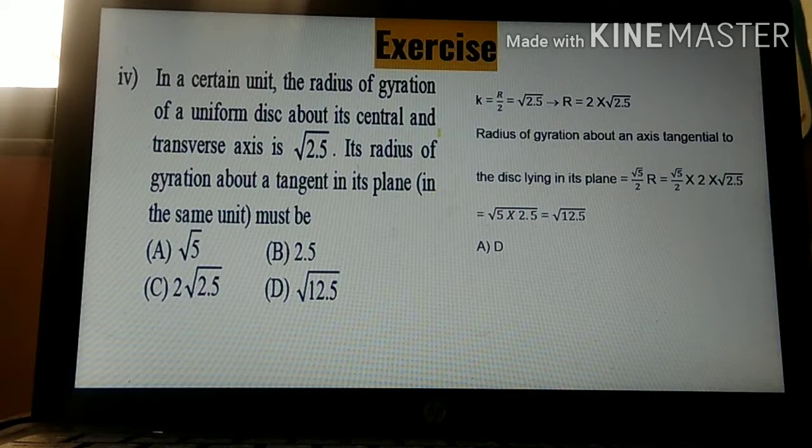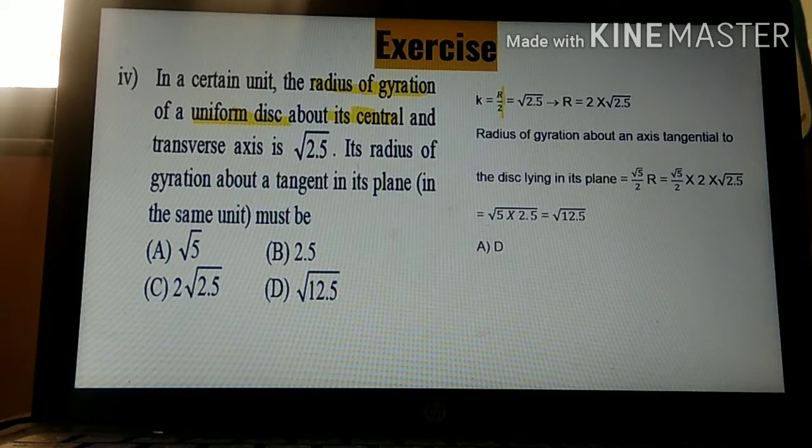Over here, what has been given? Radius of gyration of a uniform disk has been given, that is k is equals to under root 2.5. Radius of gyration is about its center. As radius of gyration is about its center, means it is at the midpoint. So radius of gyration can be taken as r upon 2.